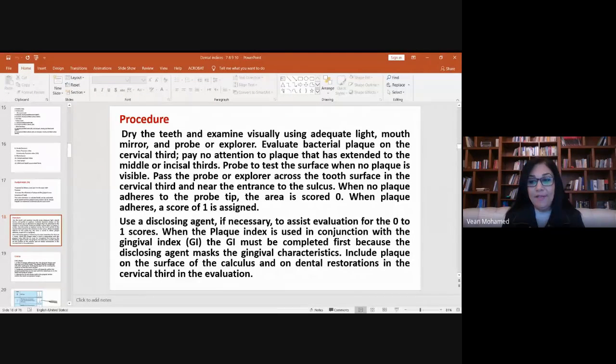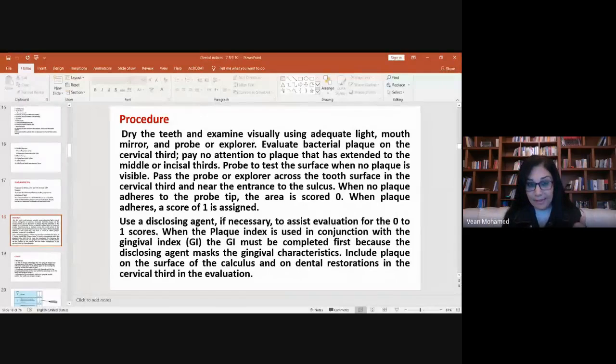Use the probe to test the surface when no plaque is visible. Pass the probe across the tooth surface. If there is no plaque, the score will be 0. No plaque means plaque index 0.